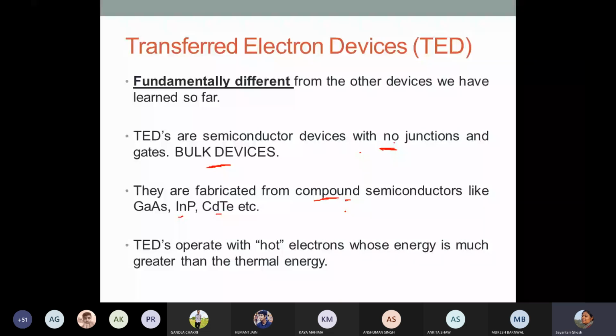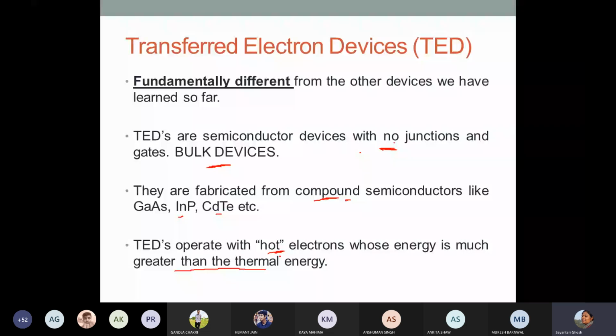The third important part is that these devices use what we call hot electrons. Hot electrons means that their energy is much greater than thermal energy. Their energy is very high. Not just excited electrons, which we call warm electrons, whose energy is of the order of room temperature energy, k_B T. If in k_B T, Boltzmann constant times temperature, you plug in the temperature of a general room temperature, then you have warm electrons.